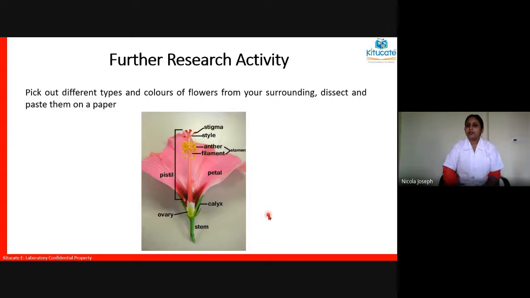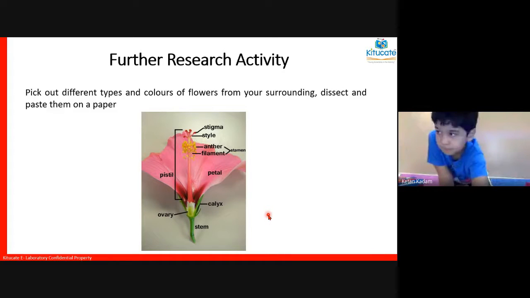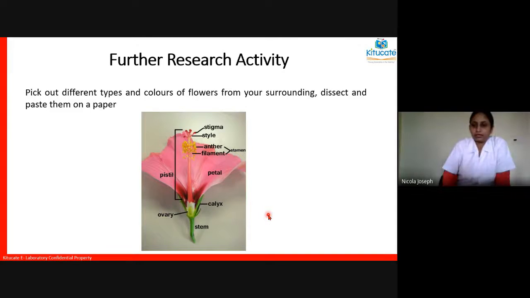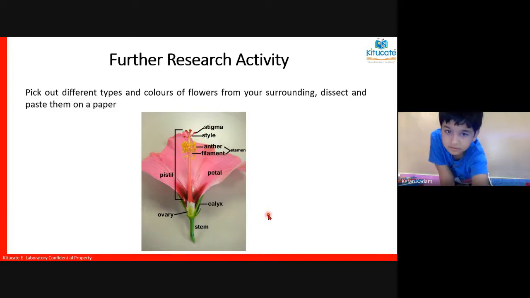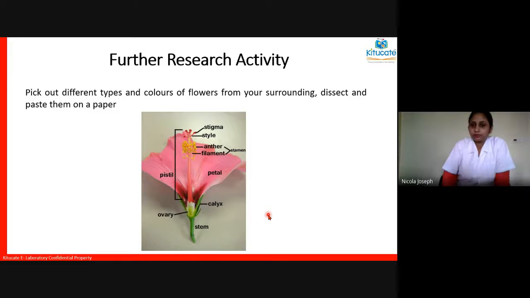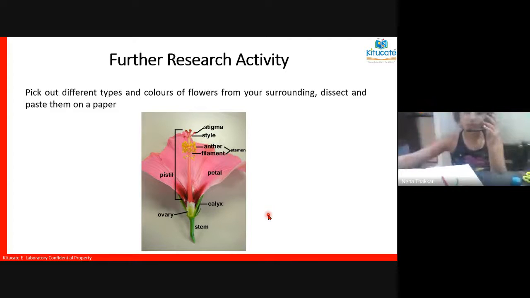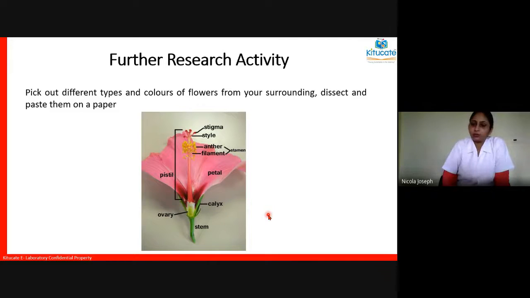Okay. So Shaurya, do you have any flowers in your surrounding area there? Yes, ma'am. Okay, so you can do the activity. Did you understand what the activity is all about? Yes. What about Zanisha? Do you have any flowers? No, except the marigold flower. Only you have the marigold flower, so you can do it with the marigold flower.